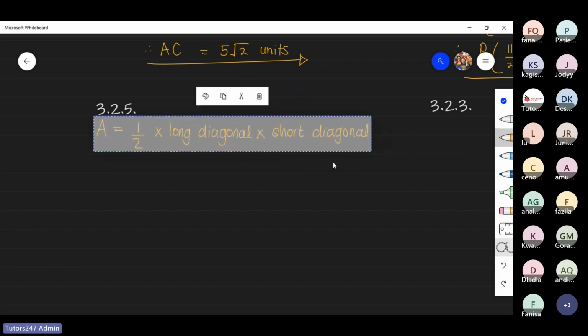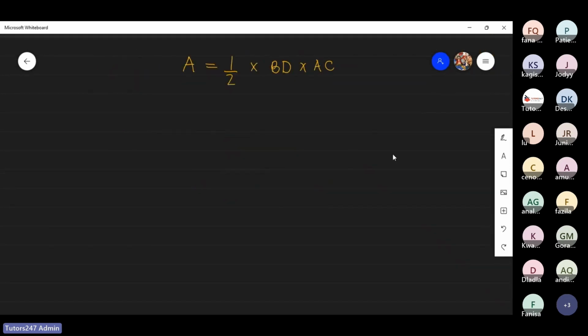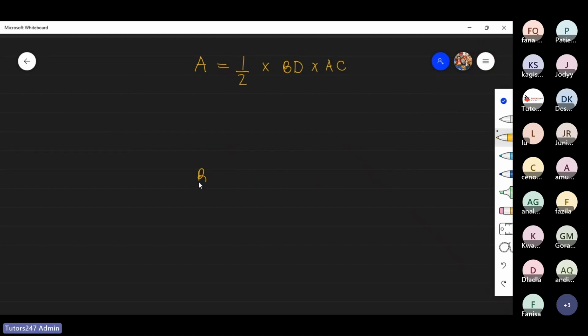In this particular case, our long diagonal is BD and our short diagonal is AC. So we already have the length AC. We only need to find the length BD. So let us go and find BD. We'll use our coordinate of B and our coordinate of D.